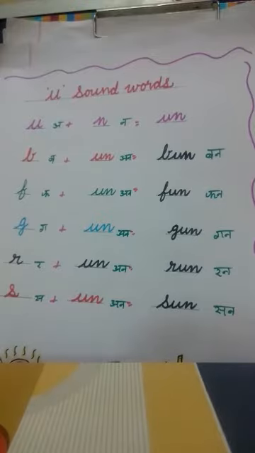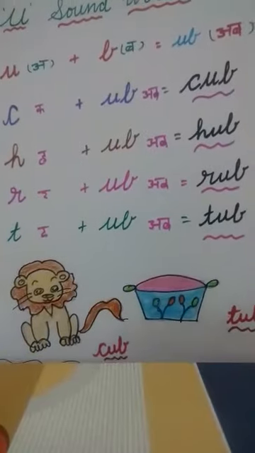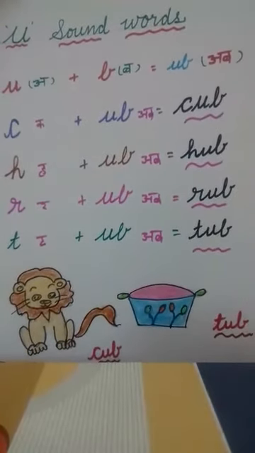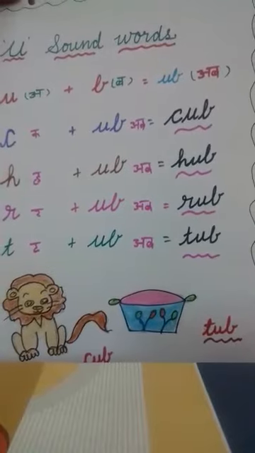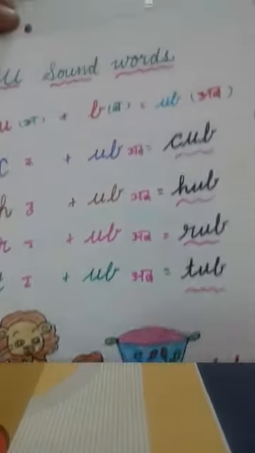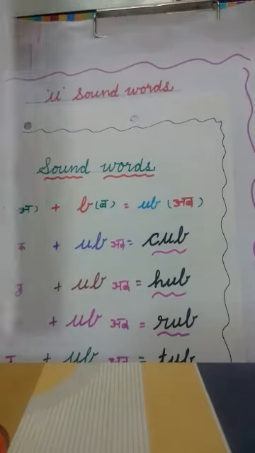And also you have learned ub sound words. Do you remember? Ka ab kab, ha ab hub, ra ab rub, ta ab tub. And also you learned ug sound words.